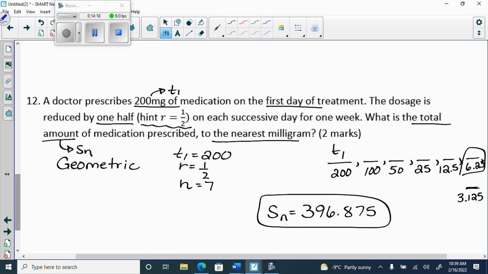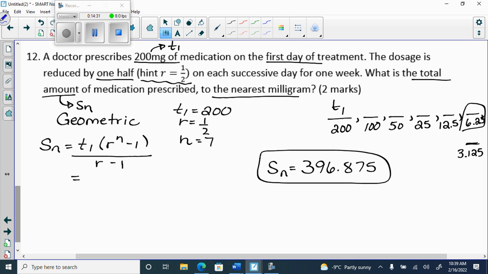Let's try it out with this. So we're going to use the first one, which is Sn equals T1 times r to the n minus 1 over r minus 1. So we're doing T1, which is 200, r, which is 1/2, to the 7 minus 1, over 1/2 minus 1. Type it in.